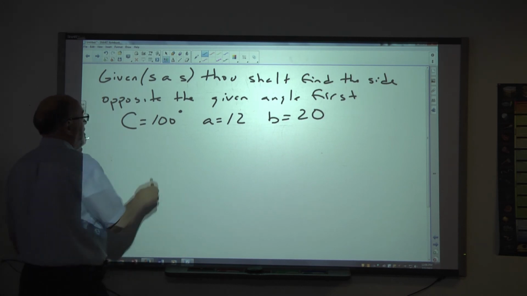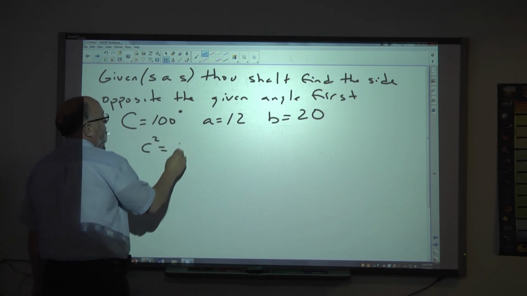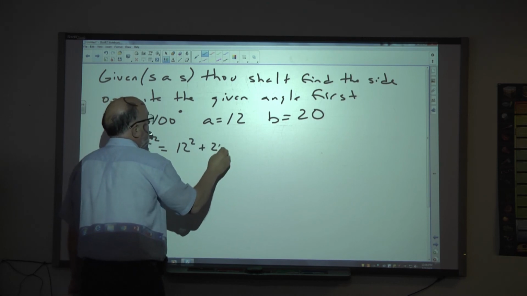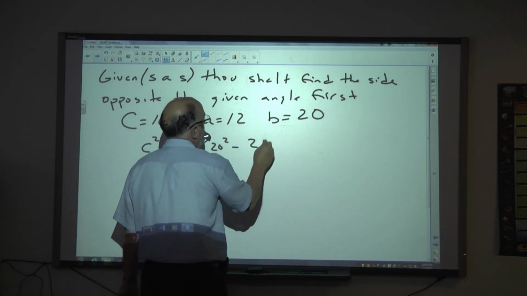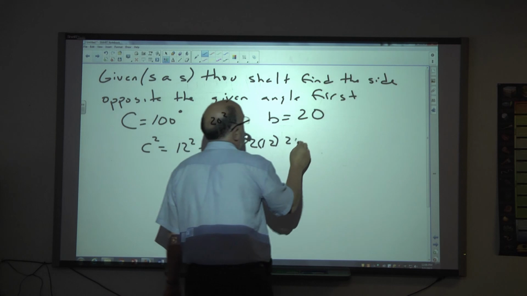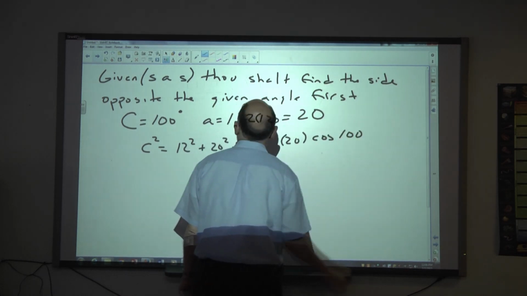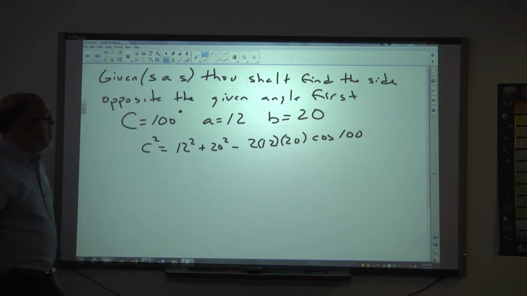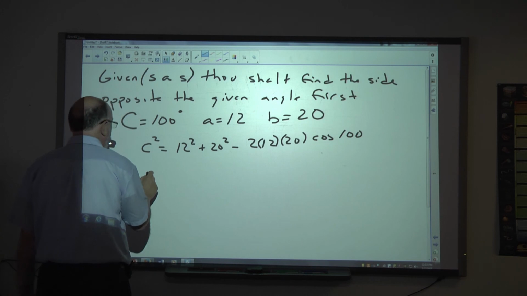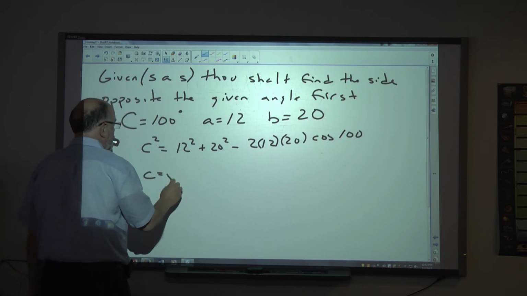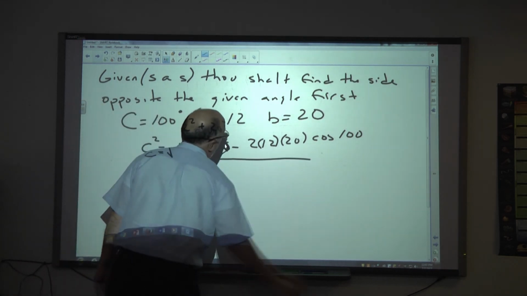And so we would have that C squared is going to equal 12 squared plus 20 squared minus 2 times 12 times 20 cosine of 100. Right? Now, on your calculator, you should be able to just say C is going to be the square root of all of that.